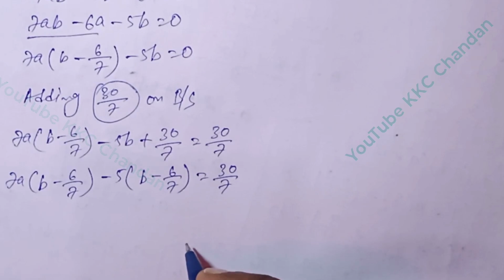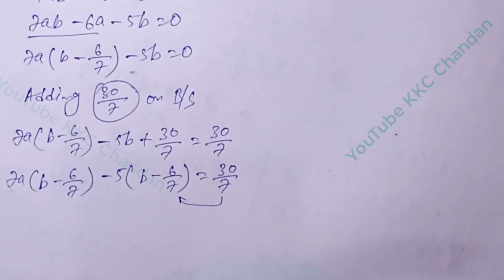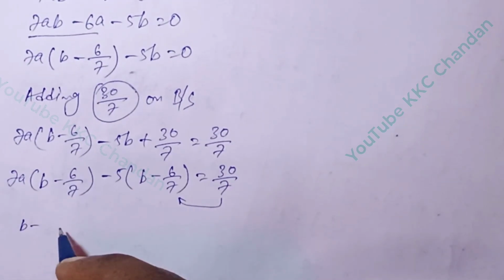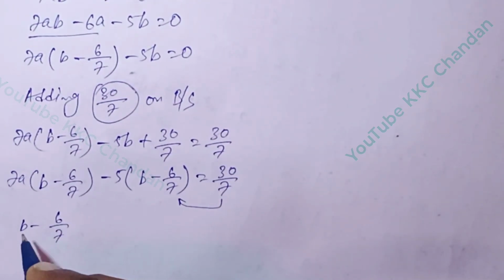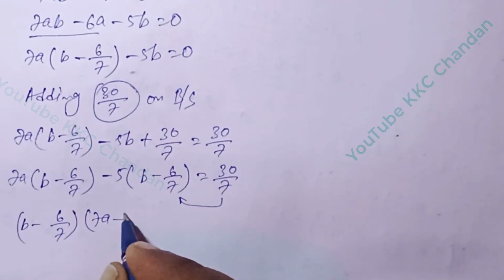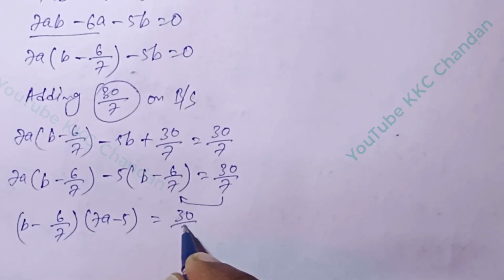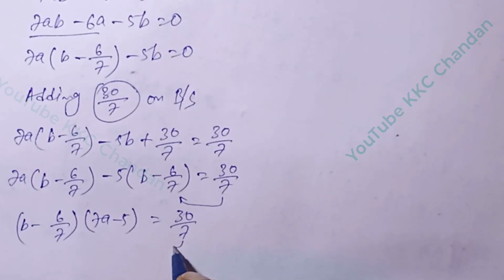Next step, this comes to this side. b minus 6 divided by 7 bracket open close, again open, 7a minus 5 bracket close is equal to 30 divided by 7.